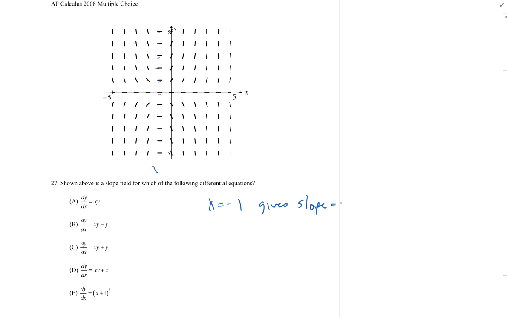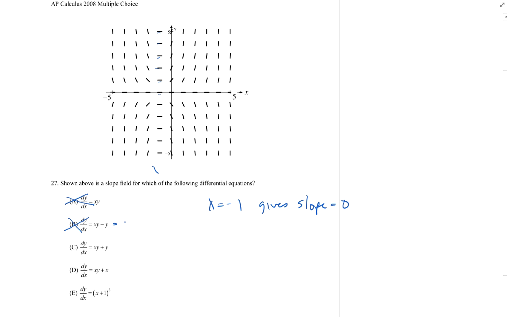So which ones, if I plug in x equals negative 1, do you get a slope of 0? Not this one, right? If you plug in x equals negative 1, do you get a slope of 0 here? Nope. X equals negative 1, do you get a slope?